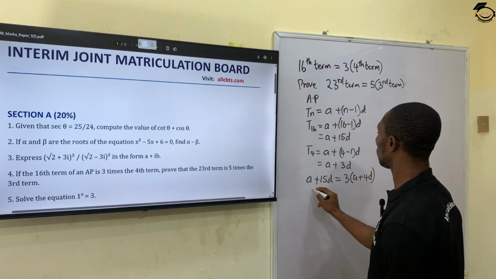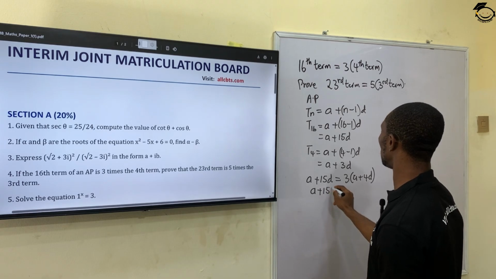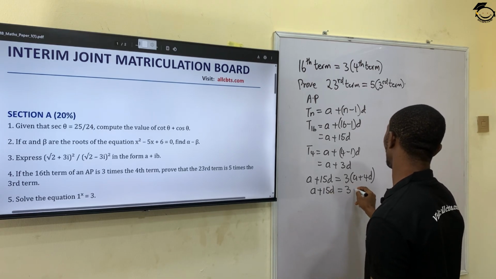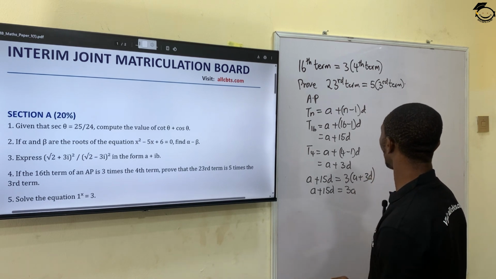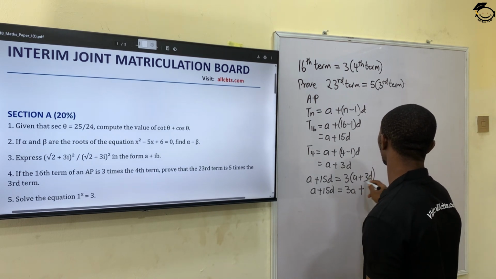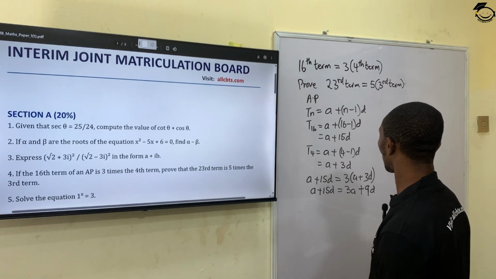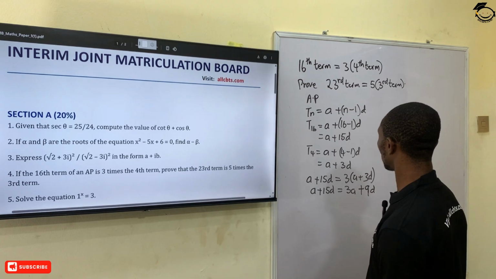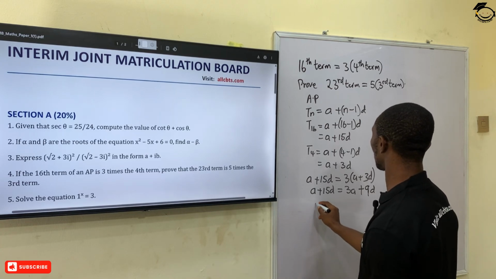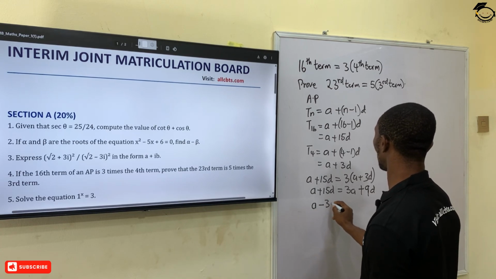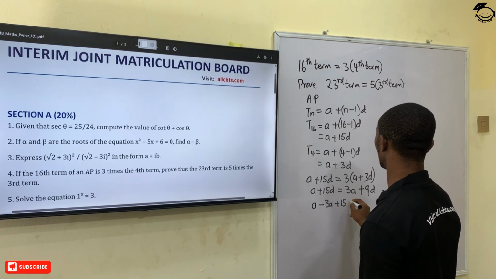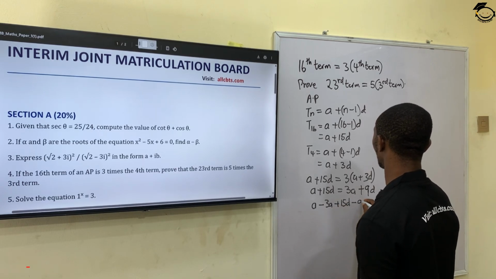Now, since A plus 15D equals 3 brackets A plus 4D, hmm, this will become A plus 15D equals 3A plus 3D, 3A plus 9D. Okay, putting all terms to one side, this will give us A minus 3A plus 15D minus 9D.